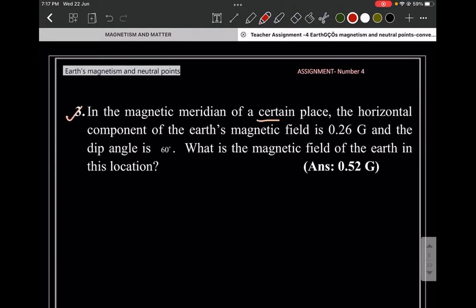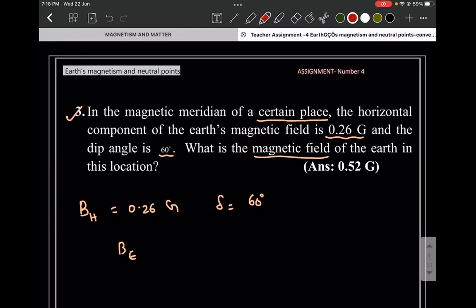In the magnetic meridian of a certain place, the horizontal component of the Earth's magnetic field is 0.26 Gauss and the angle of dip is 60 degrees. What is the magnetic field of the Earth in this location?